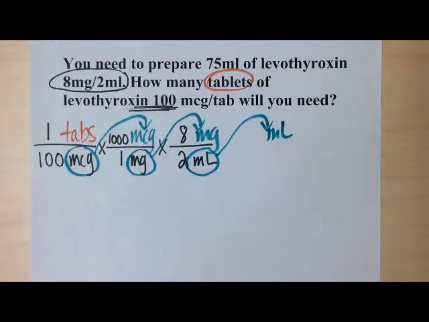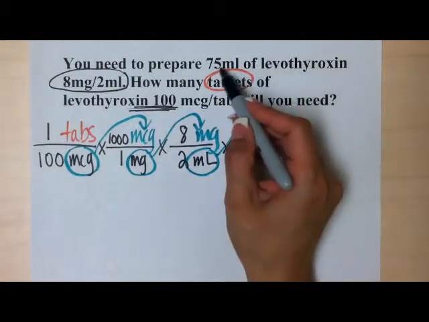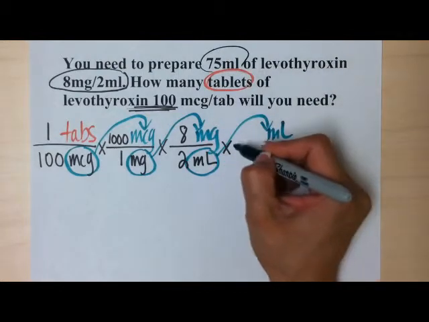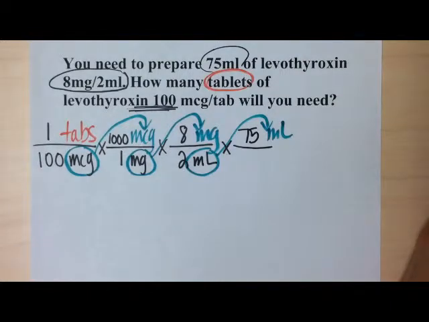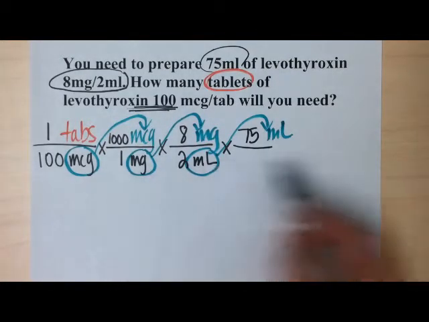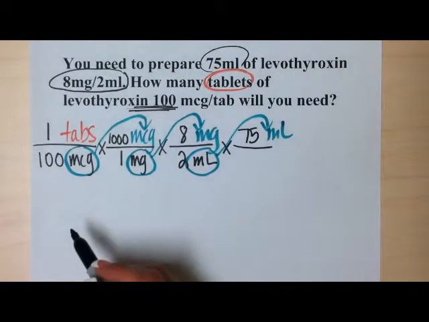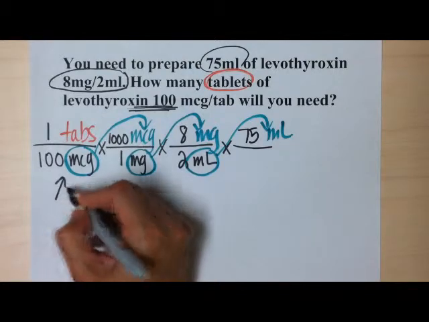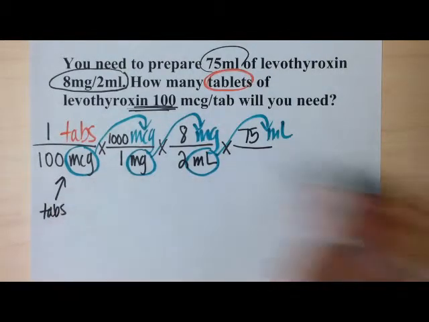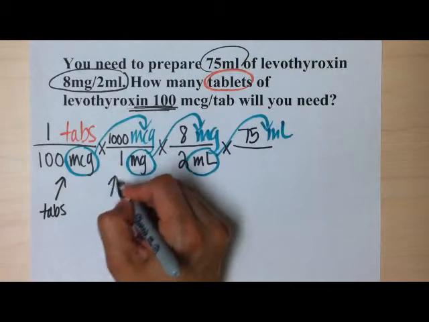And we're coming to a close here because I'm going to be making 75 mLs total here. So now that we've incorporated everything that the problem presented, we know that our equation is done here. But notice that we have the tablets that we're using here. This is a conversion factor.